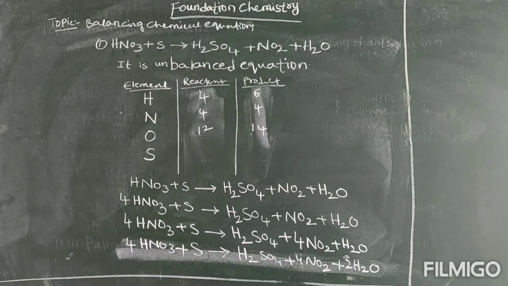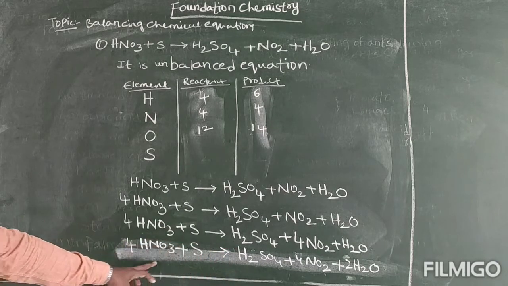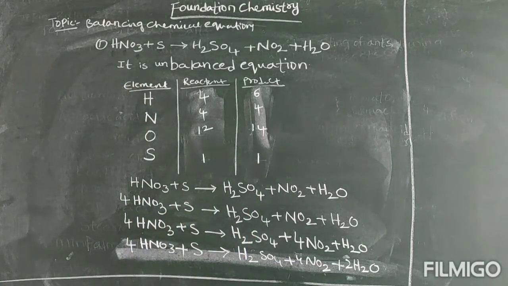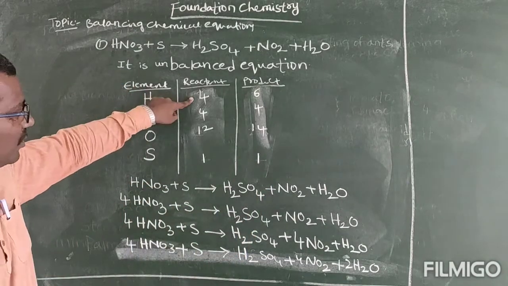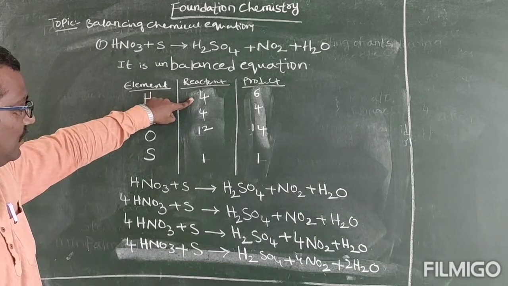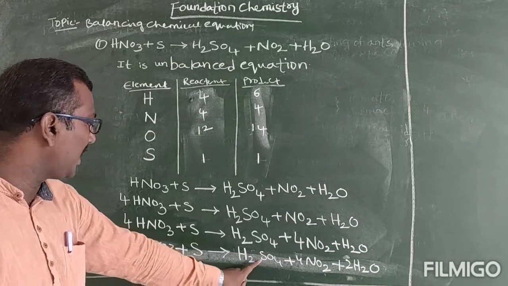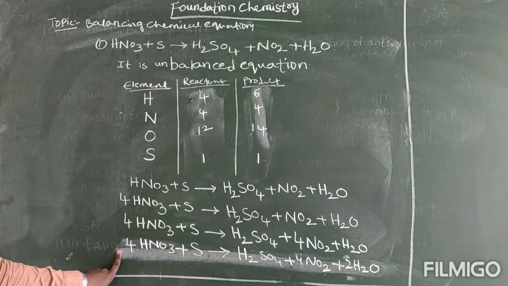Okay, 14 came. Next what happened? Sulfur, here 1, here 1. Now you see here 2 hydrogens. Here 2 hydrogens are more on the product side and 2 hydrogens are less.